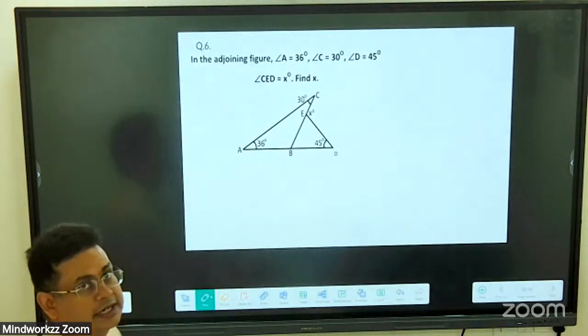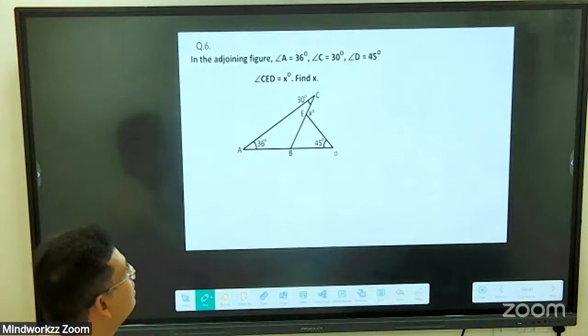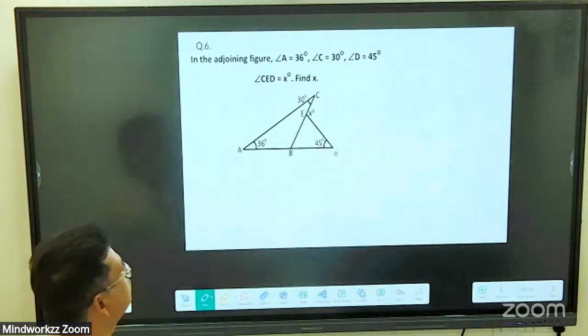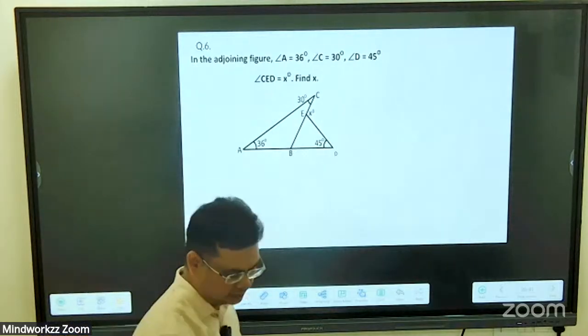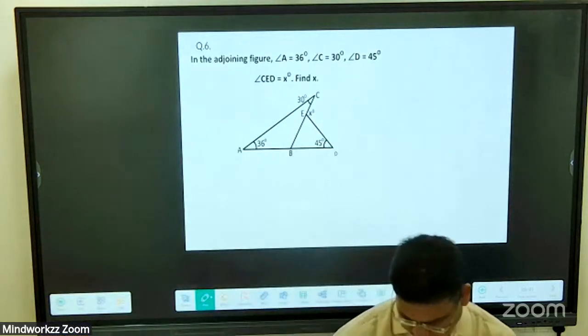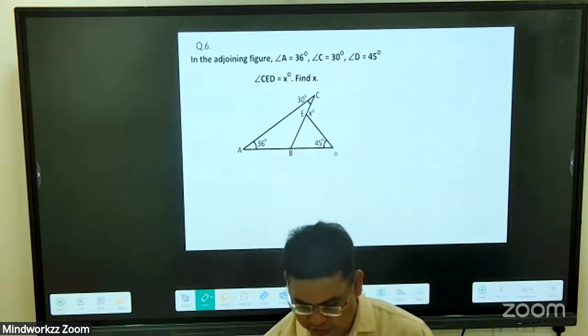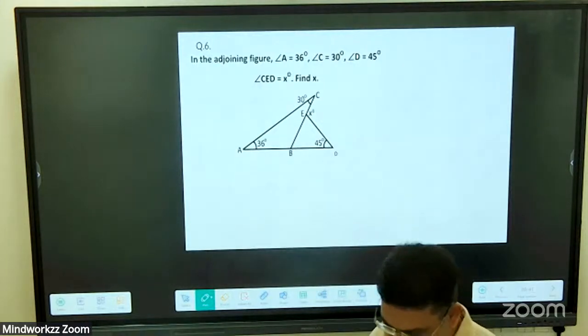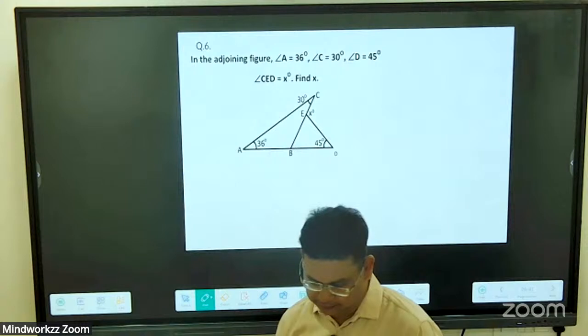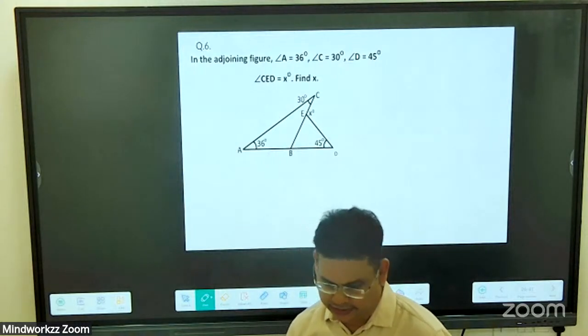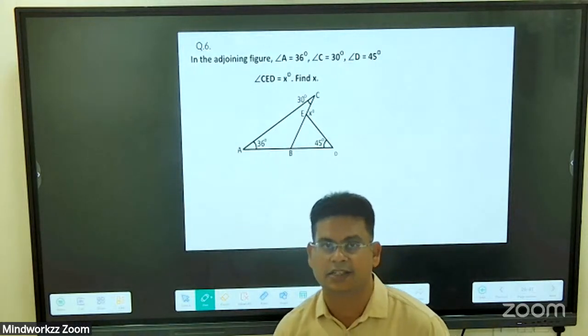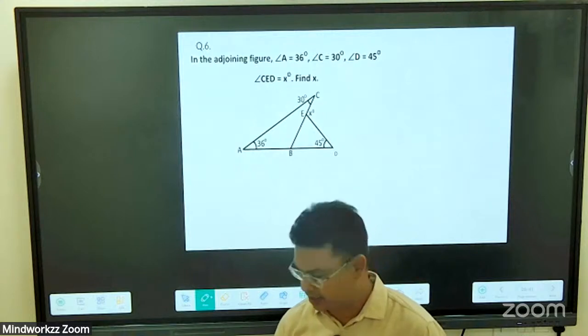Angle A is 36, angle C is 30, D is 45. You need to find the value of X, right? One line question, just apply the exterior angle concept, you will get the right answer.